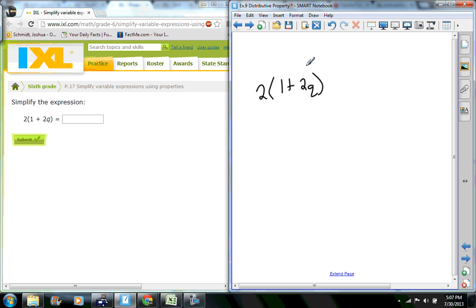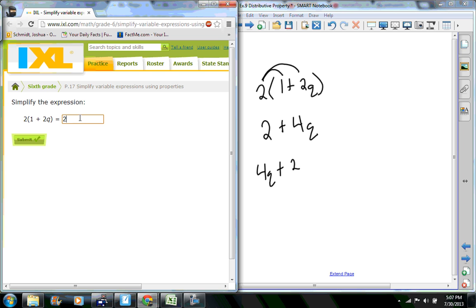Therefore, this is a distributive property problem. So we distribute. 2 times 1 is 2. 2 times 2 is 4, and we put the q on the end, and the symbol in the middle is a plus. Now, the commutative property tells us we can also write this in reverse order. So you could write this as 4q plus 2, but either way is fine.